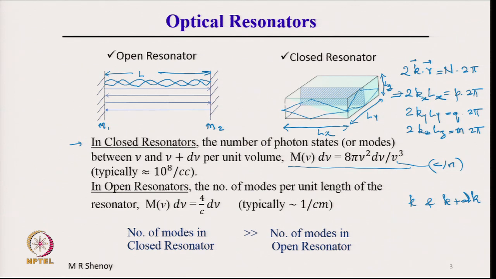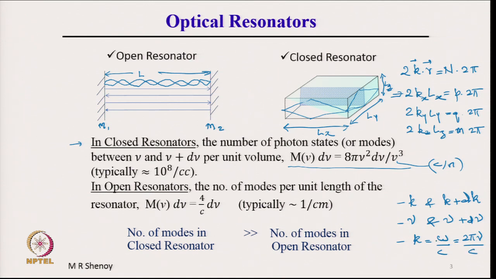I am not giving the derivation here, but once you know the number of states per unit volume between k and k plus dk, you can determine the number of states between nu and nu plus d nu using the relation k is equal to omega by c, which is equal to 2 pi nu by c.